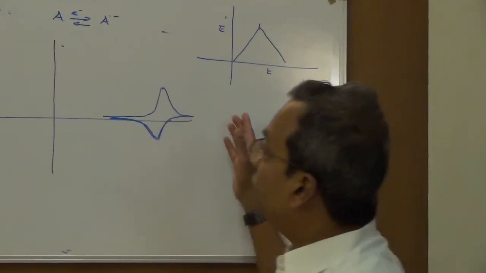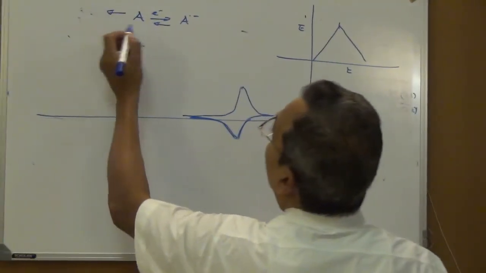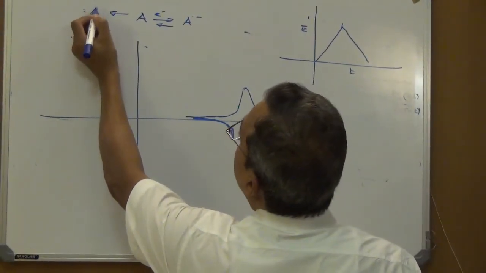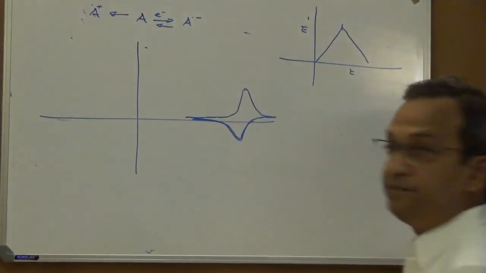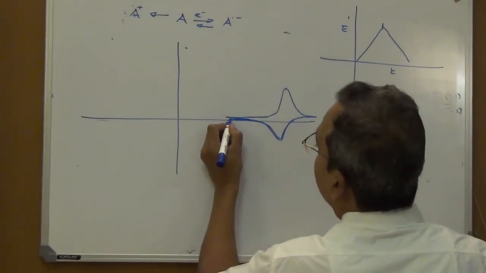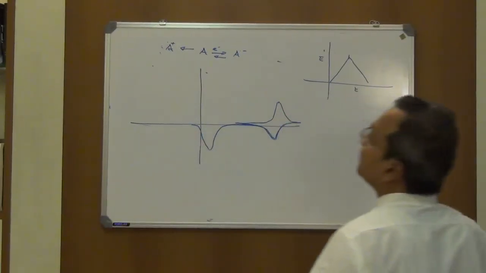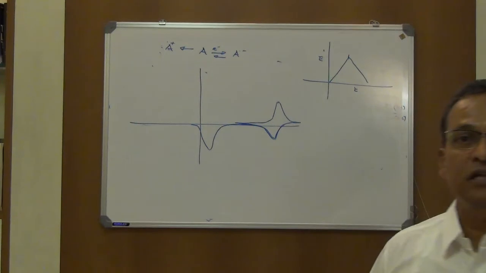If I go toward a more positive potential, the same anthracene molecule gets oxidized into the anthracene positive radical. Oxidation means an anodic peak, so you get another peak like this. This is again a stable system and it can hold the electron.